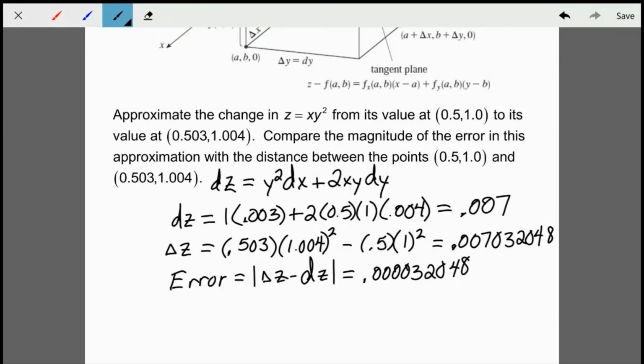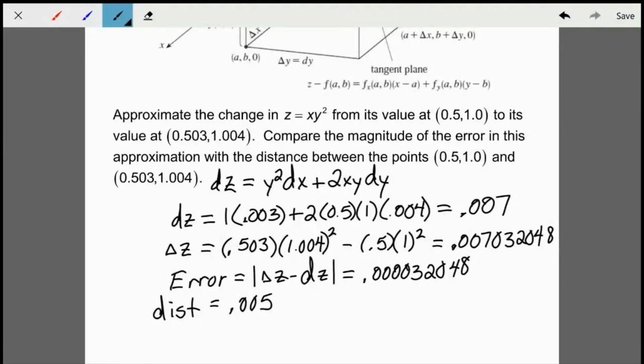Now, just like that one that we looked at earlier, we can get the distance between the points. If we find the distance between the points, we'll find that distance to be about 0.005, and actually it's exactly 0.005. So that's how far those 2 points are apart.